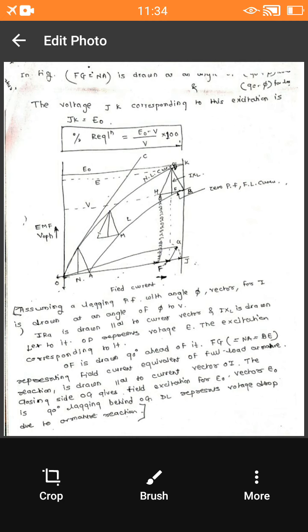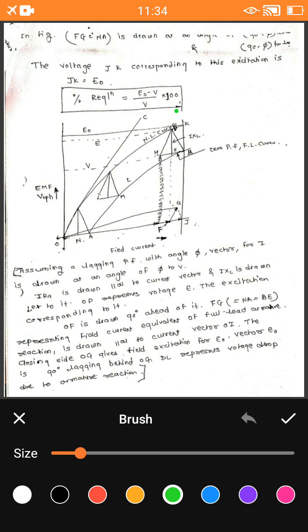Then if we add vertically the voltage drop due to the armature leakage reactance, neglecting RA, we get the voltage E equal to DF. Here is point D, here is point F. So the value DF will give you the value of E.